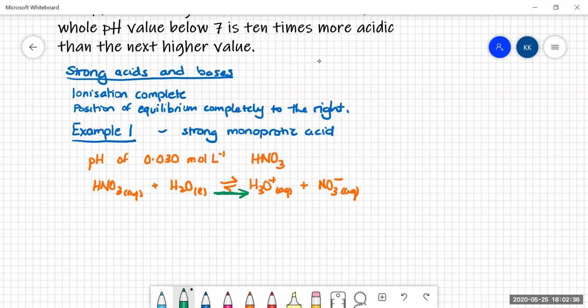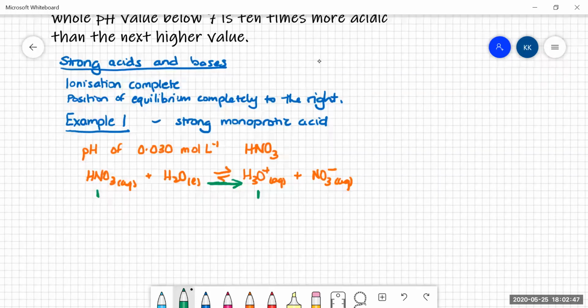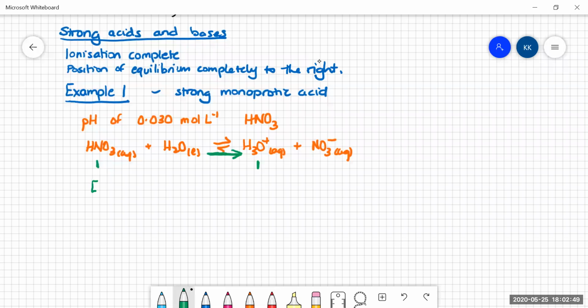That's important because now we can assume that there is a 1-to-1 mole ratio between the nitric acid and the hydronium ion. What that allows us to say is that the concentration of H3O+ is the same as the concentration of the acid. This is only possible for a few acids.